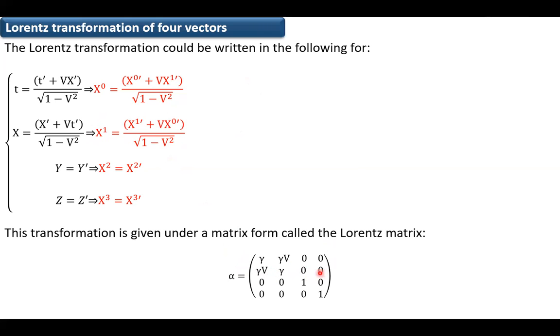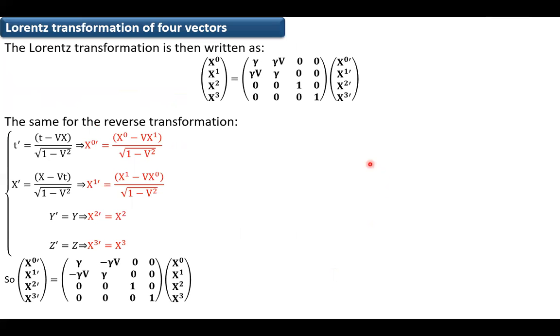No x2, no x3, so 0, 0. For x2 you have 0 x0 prime, 0 x1 prime, 1 x2 prime, and 0 x3 prime. Same for x3: 0 x0 prime, 0 x1 prime, 0 x2 prime, and 1 x3 prime. So this is called the Lorentz matrix. You can use it to define your Lorentz transformation in matrix notation.